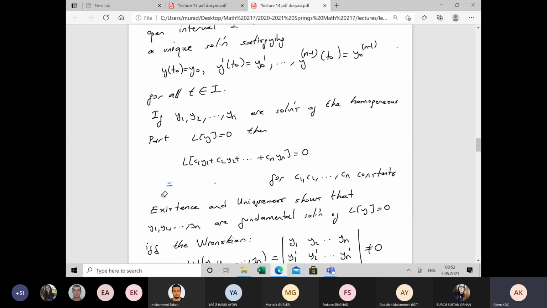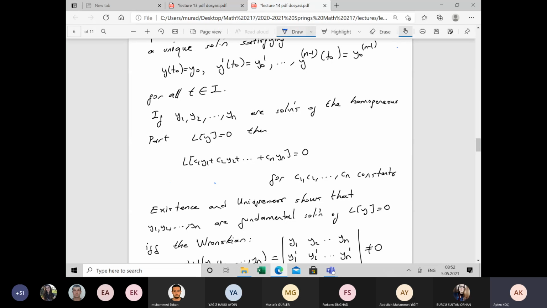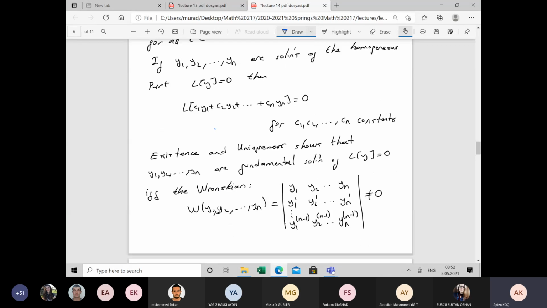We know this from previous lectures, from the theory for second order linear differential equations, and these rules are also valid for differential equations of order n.